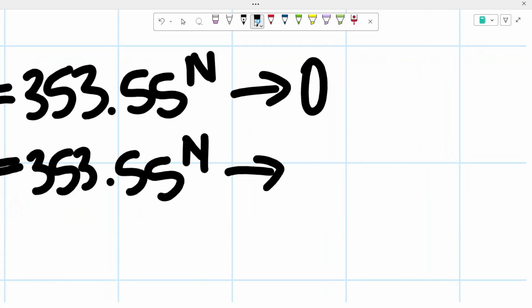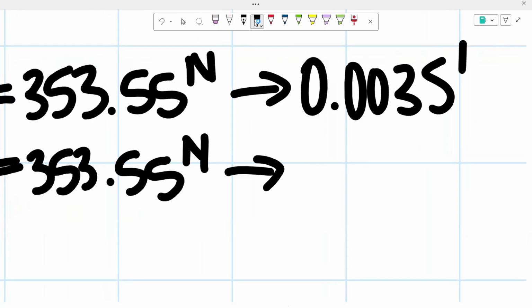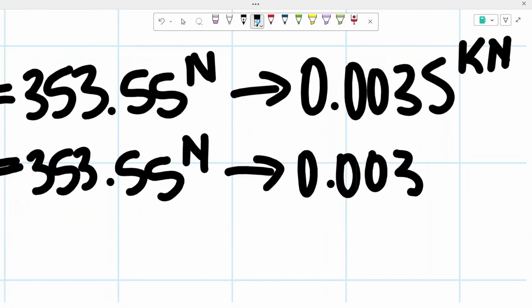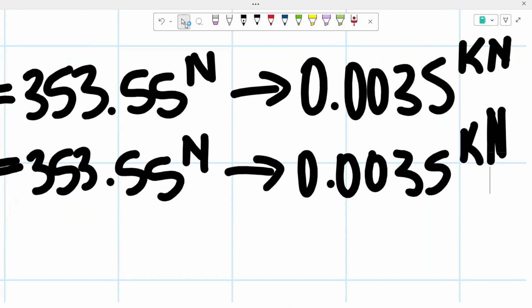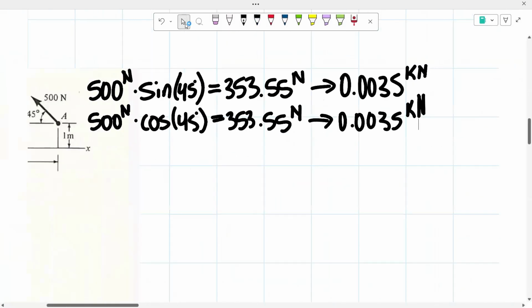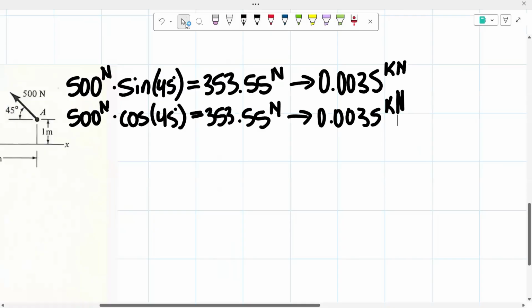That will equal 0.0035 kilonewtons. But you can still leave it in newtons if you want. I just put it into kilonewtons so our answer in the end isn't too big.